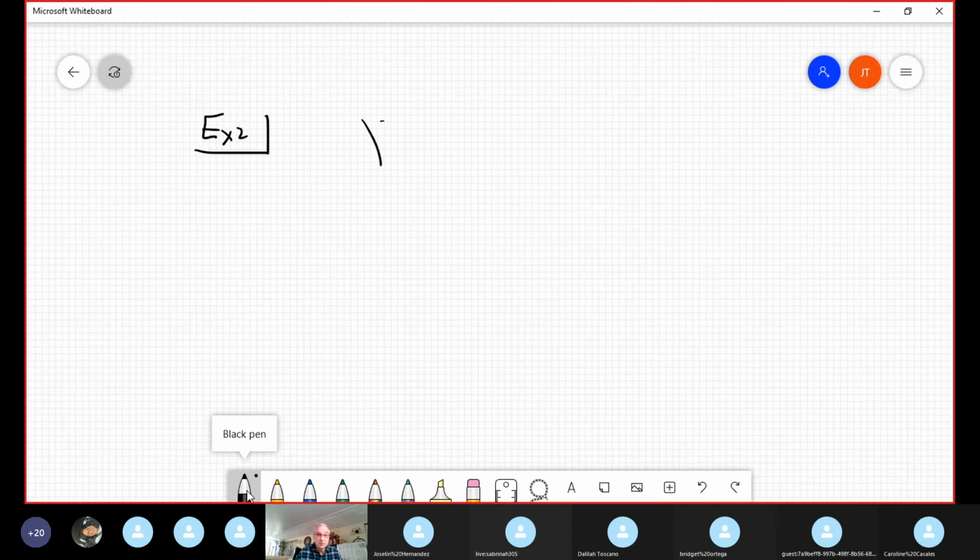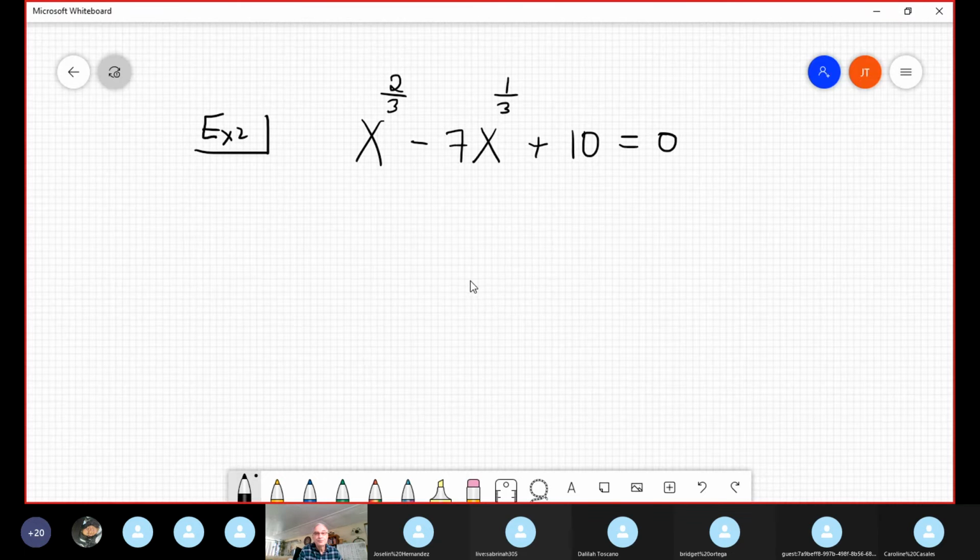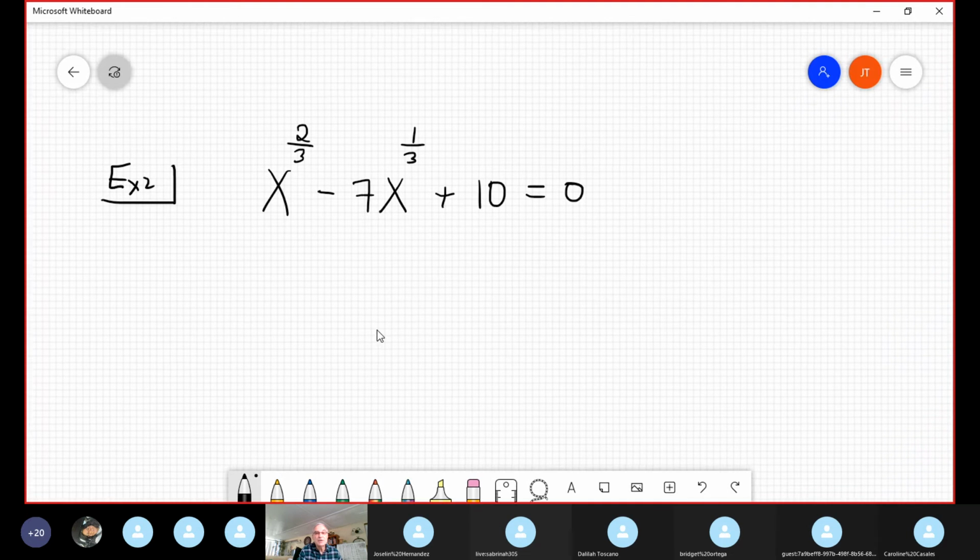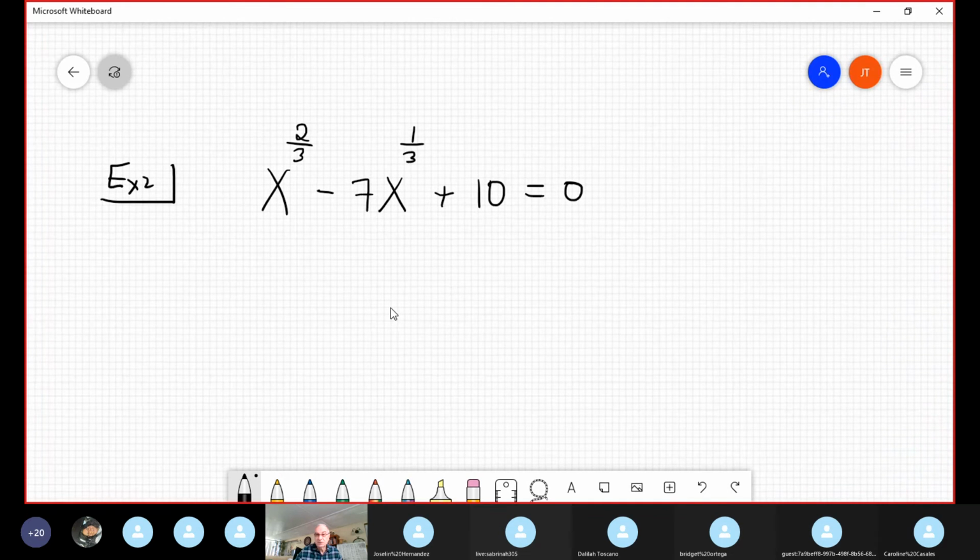Suppose x raised to the 2/3, a fraction exponent, minus 7 x to the 1/3 plus 10 equals 0. Suppose in the test I put something like that. My question is, is this a quadratic form equation?